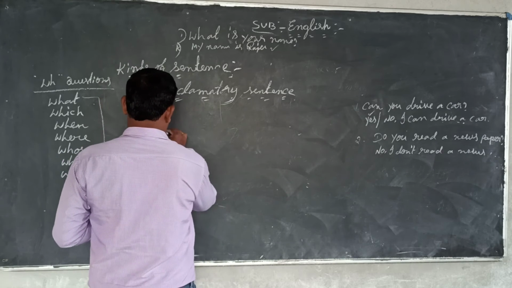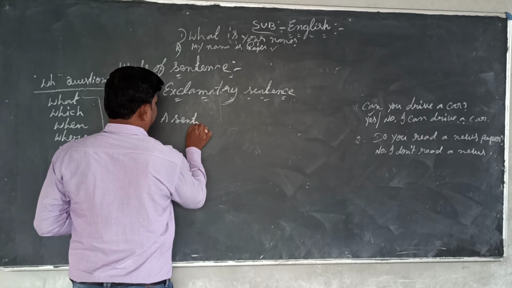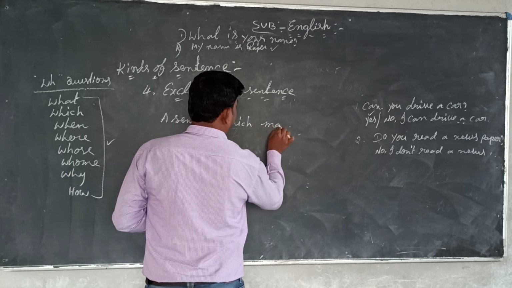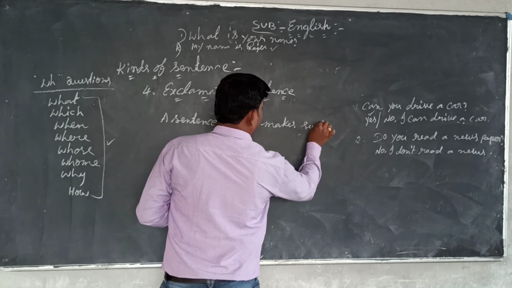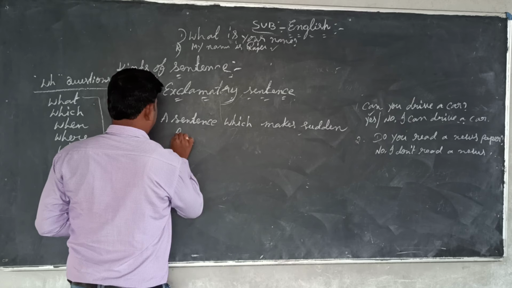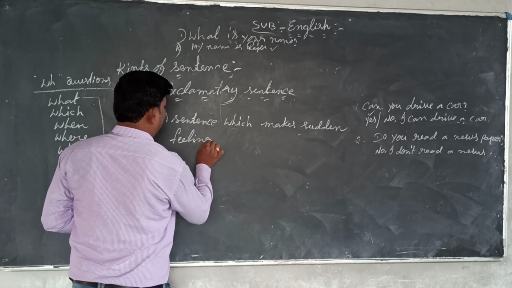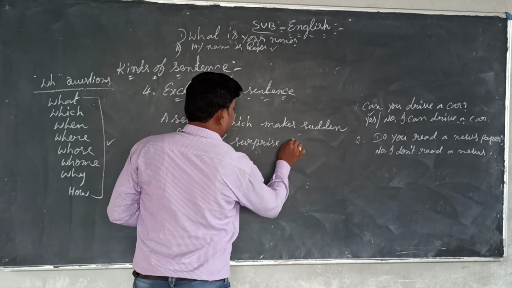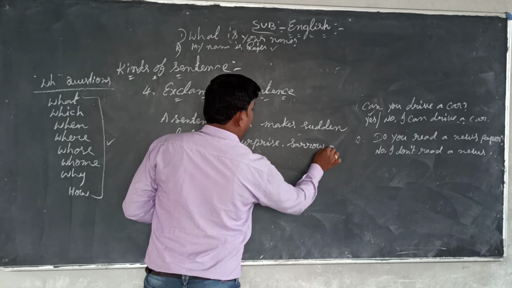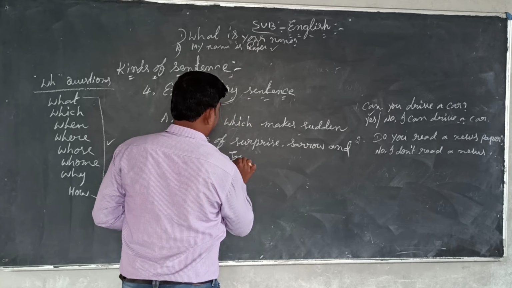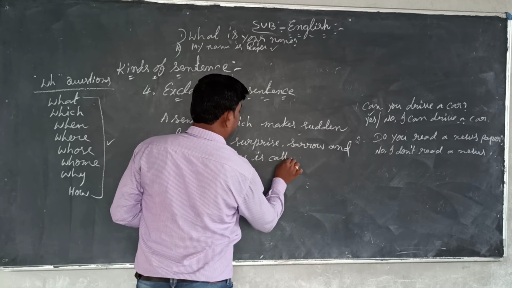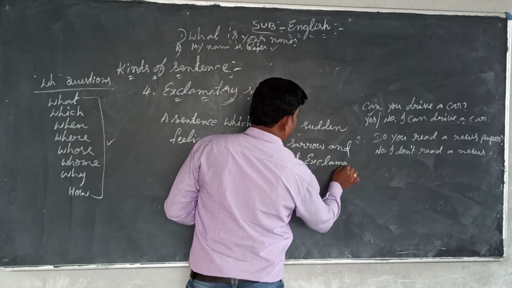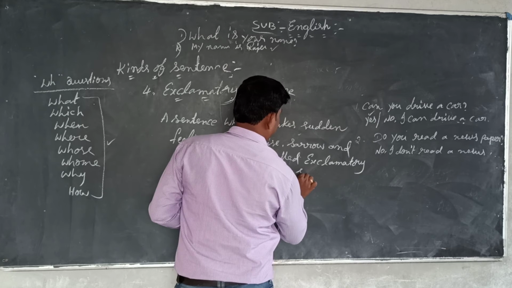Write on the board. An exclamatory sentence means a sentence which makes a sudden feeling of surprise, sorrow, and joy is called an exclamatory sentence.